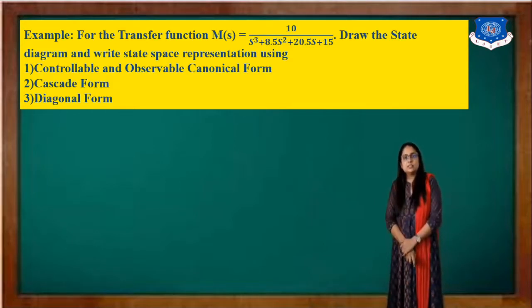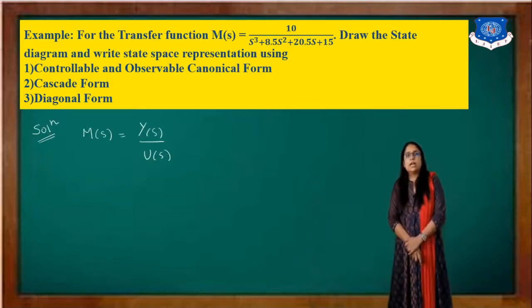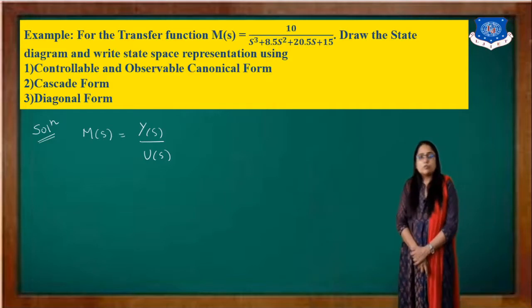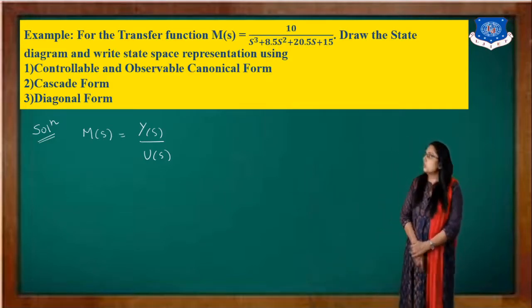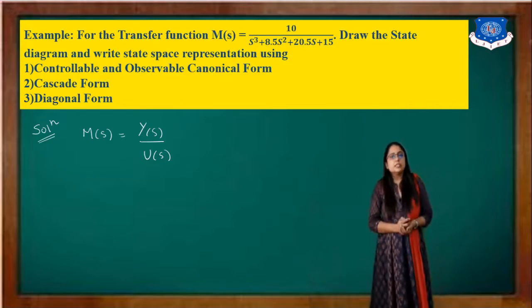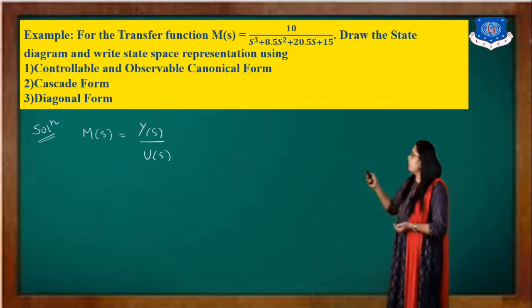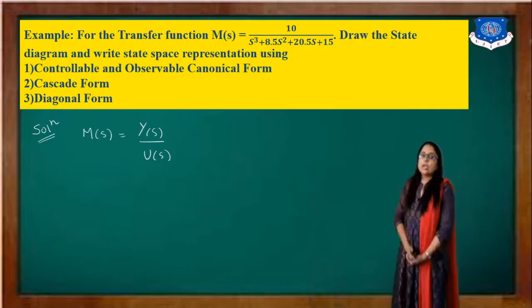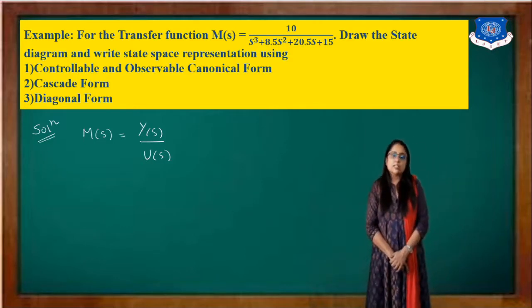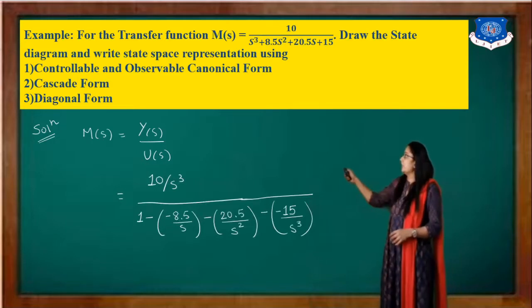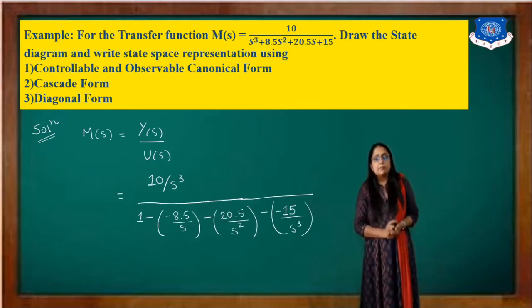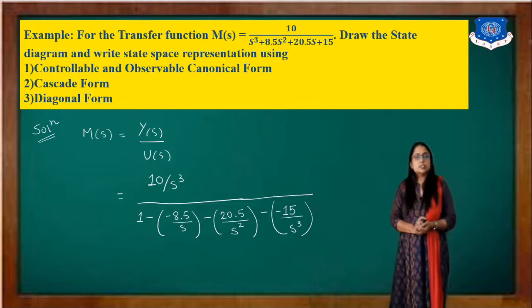So let's start. First of all, we know that M of s, the transfer function, is output upon input. So the output I am going to consider is Y of s, and the input is U of s. So M of s equal to Y of s upon U of s. Now, to check, in the denominator the maximum power of s is 3.